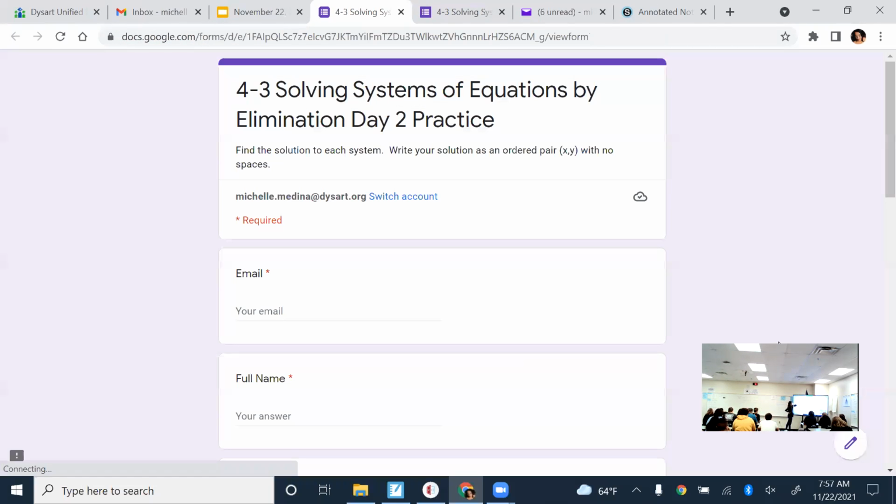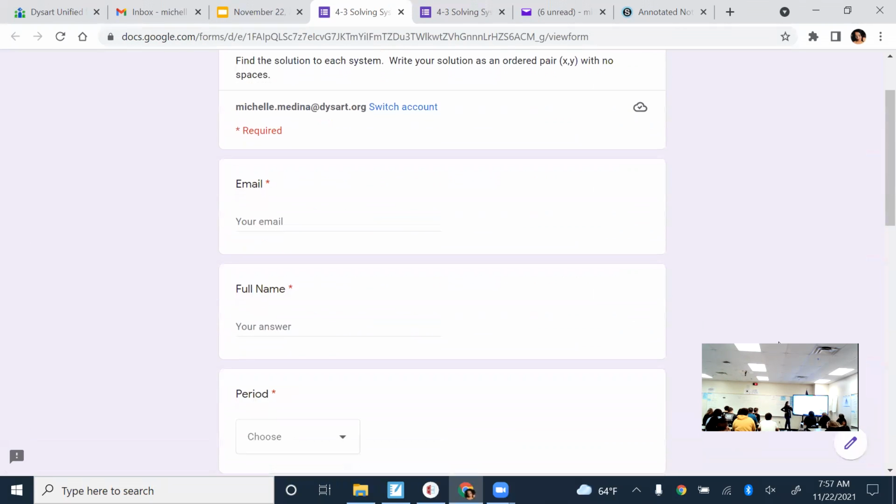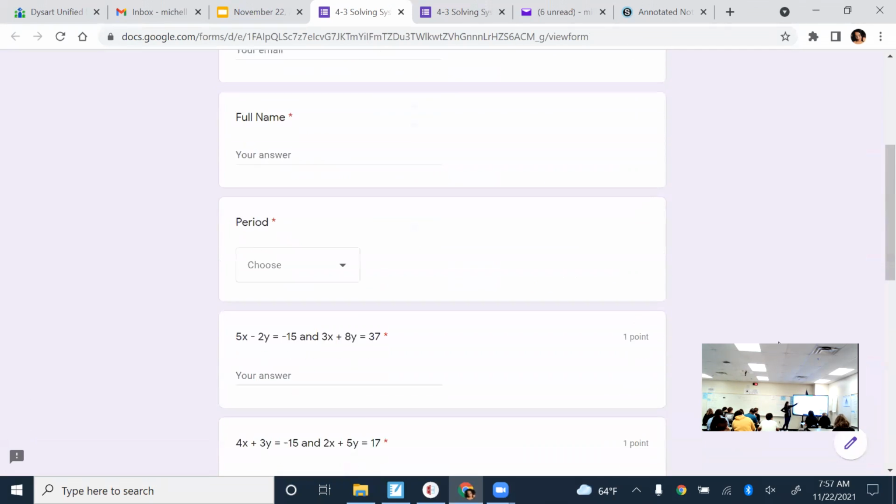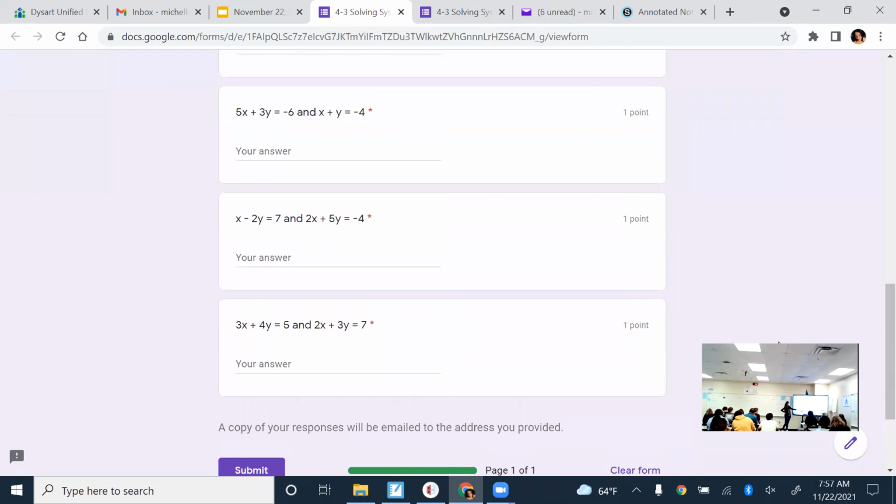And you click on it, and you'll know if you did it or not, because it only lets you submit it one time. So if you already did it, it won't let you open it again. It'll say you already submitted this form or something like that. So if it lets you see everything, then it's because you still need to do it.